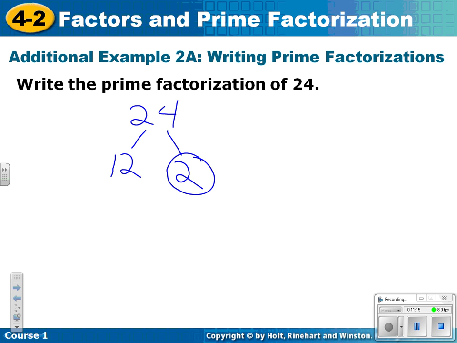Okay, 12 is not prime. Give me two numbers you can multiply together to get 12. How about 6 and 2? We're getting 12, right? Is either one of these numbers prime? 2 is prime. 6 is not.